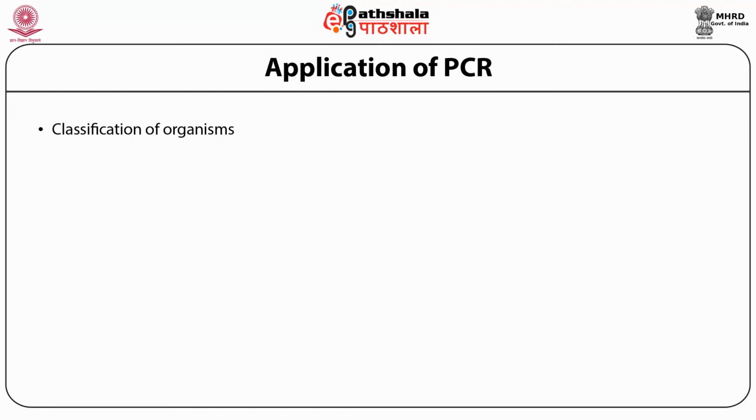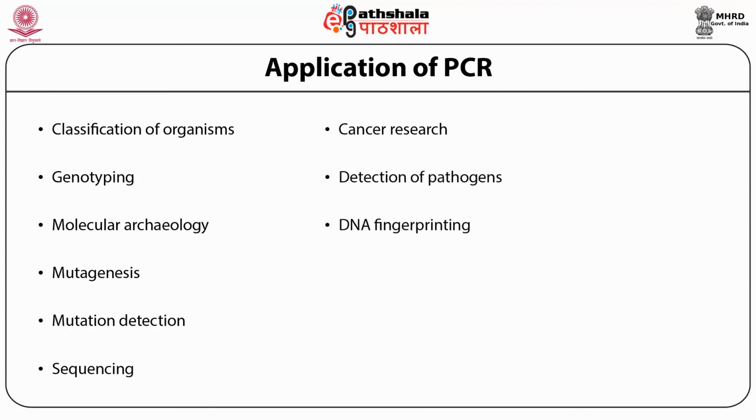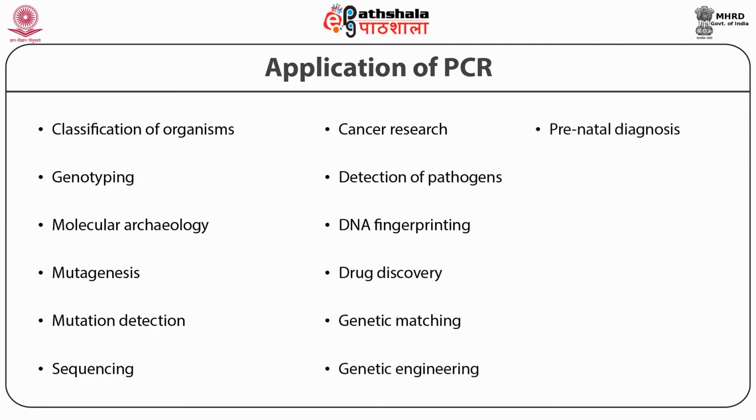The technique is used for classification of organisms in genotyping, in molecular archaeology, in mutagenesis studies, in mutation detection, in sequencing of DNA, in cancer research, in detection of pathogens, in DNA fingerprinting, in drug delivery, in genetic matching, in genetic engineering, and in prenatal diagnosis.